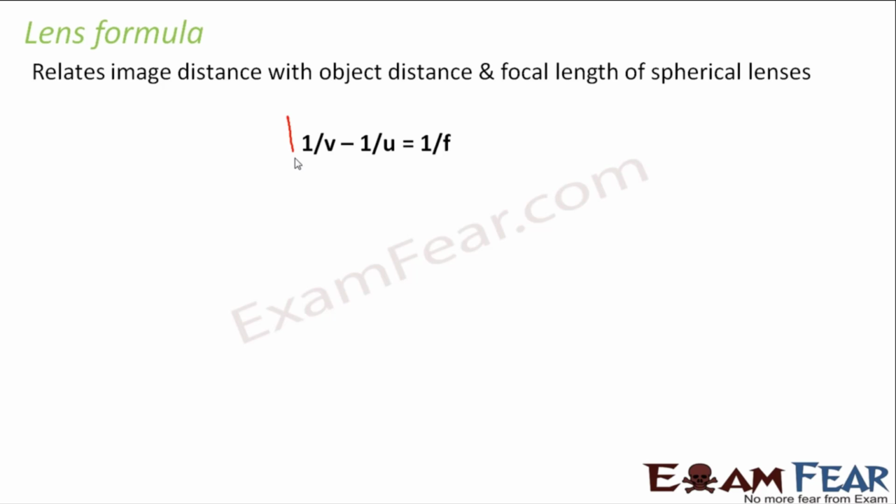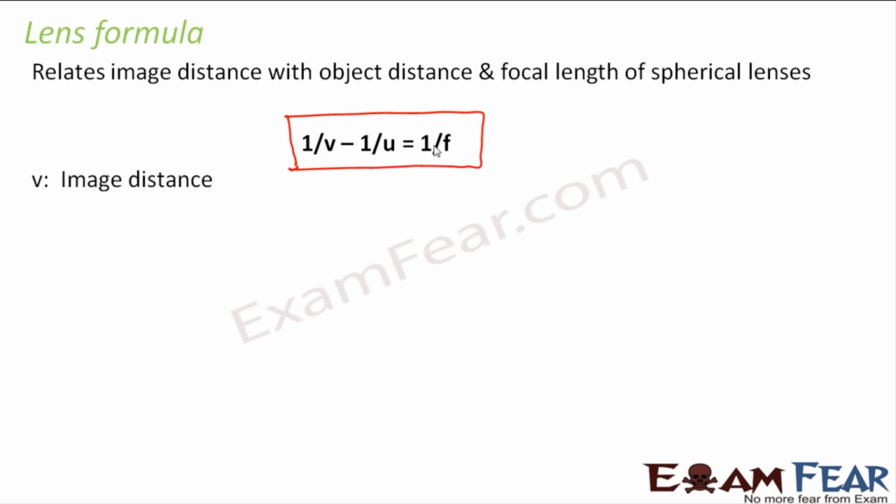It is very similar to the mirror equation except with a negative sign. It is 1 by v minus 1 by u is equal to 1 by f, where v is the image distance, u is the object distance and f is the focal length. This lens formula is true for both concave lenses and convex lenses, but you need to take into consideration the sign convention when you try to solve problems using it.